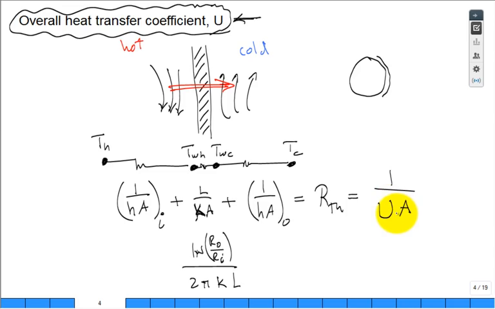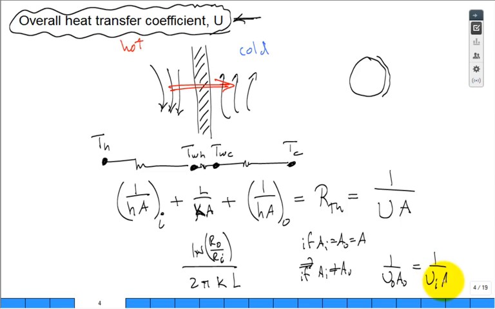Now at this point, you have the choice, and sometimes it's obvious what the choice is. If the area inner is equal to the area outer, then it's just A, the same area. But if area inner is not equal to area outer, then really it's either 1 over U outer A outer or 1 over U inner A inner.